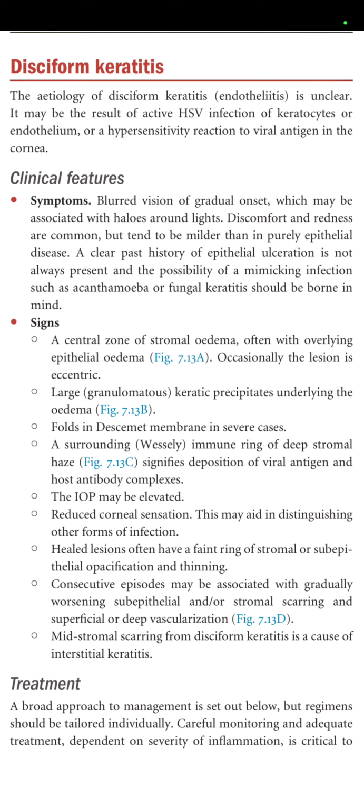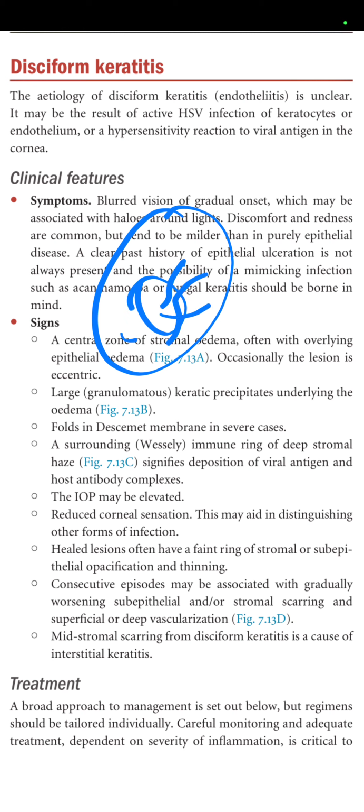It shows some opacification of the cornea and thinning. Recurrent episodes may be associated with gradually worsening subepithelial and/or stromal scarring and superficial or deep vascularization. So with recurrent episodes, we can get some opacification and there will be some vascularization. Mid-stromal scarring from disciform keratitis is a cause of interstitial keratitis.